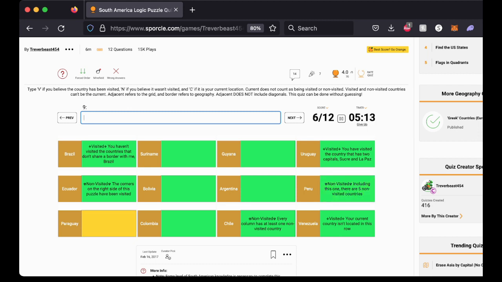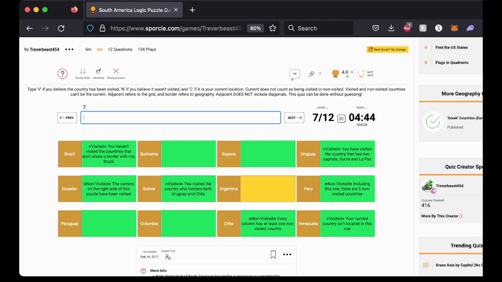Including this one, there are 5 non-visited countries. Okay, so 1, 2, 3, so we have 2 more non-visited. Your current country isn't in this row. You have visited at least 2. You have visited the country that has 2 capitals, Sucre and La Paz. So La Paz is in Bolivia.